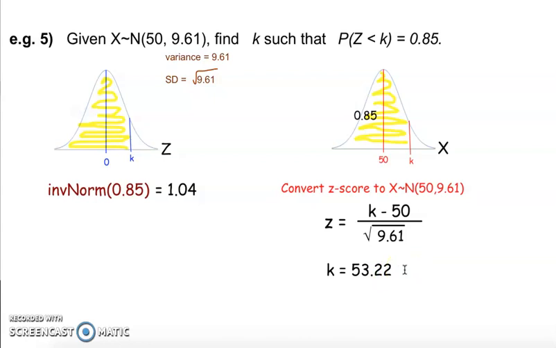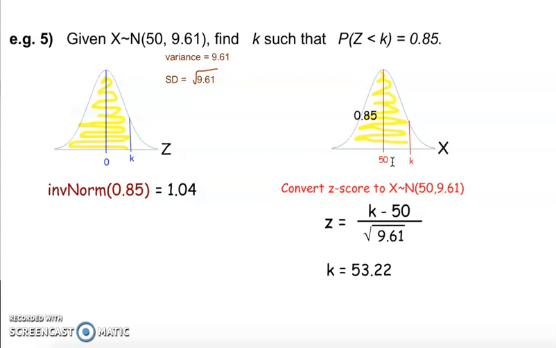Now for the more updated calculators, if you go to second function vars, inverse normal, when you punch in area 0.85, if you want to do this directly, you can set mu to be 50 as the mean, and then make sure you type the square root of 9.61 as the sigma, left tail, and it should give you the same result.